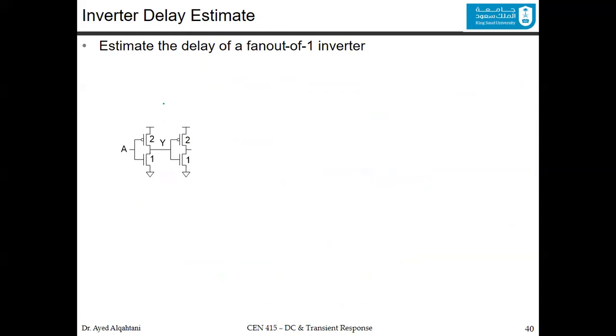If you are given this question, estimate the delay of a fan out of one inverter. Fan out of one inverter means that you have an inverter fanning out to feed another inverter. So you want to find the delay of Y. What's the delay of this inverter?